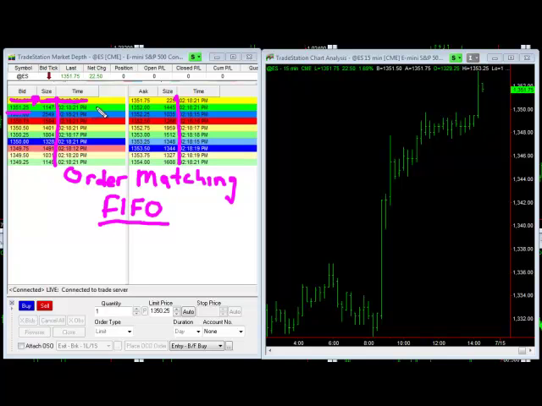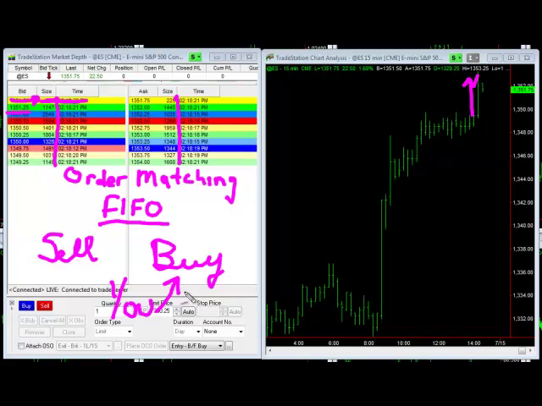So there are three different parties we're talking about: people that are willing to sell on the bid, people that are willing to buy on the offer, and then there's you or whoever is going to actually execute the transaction.